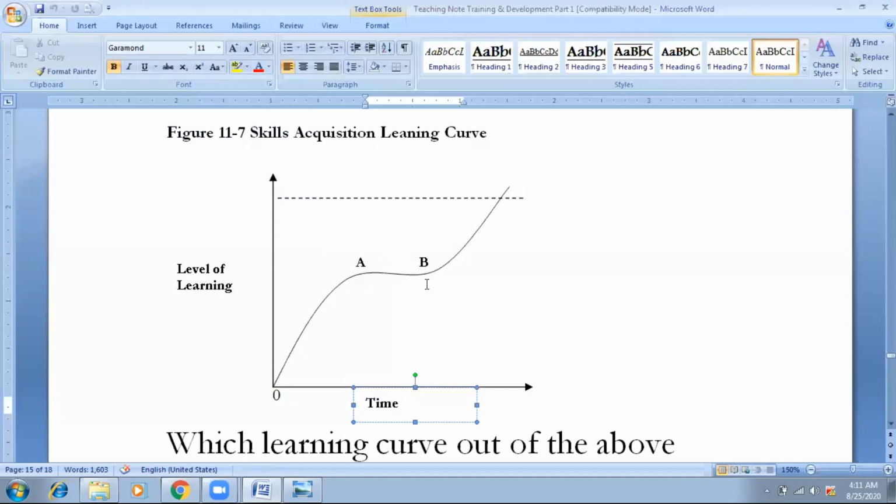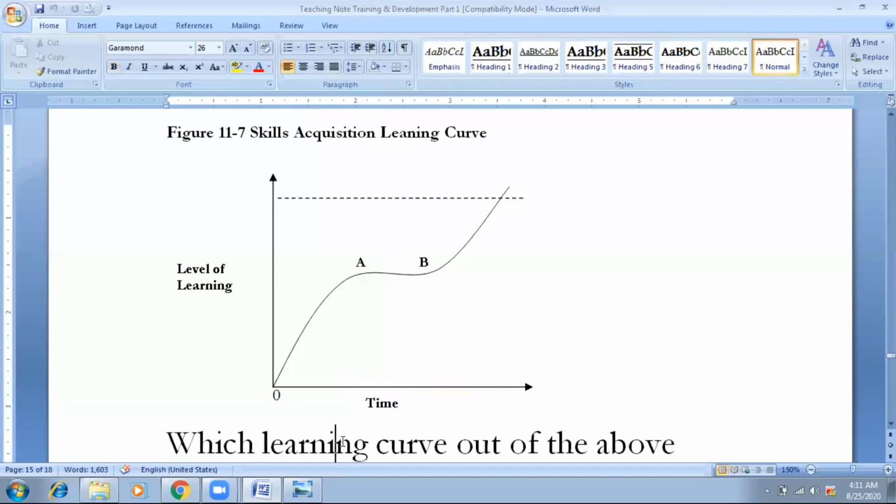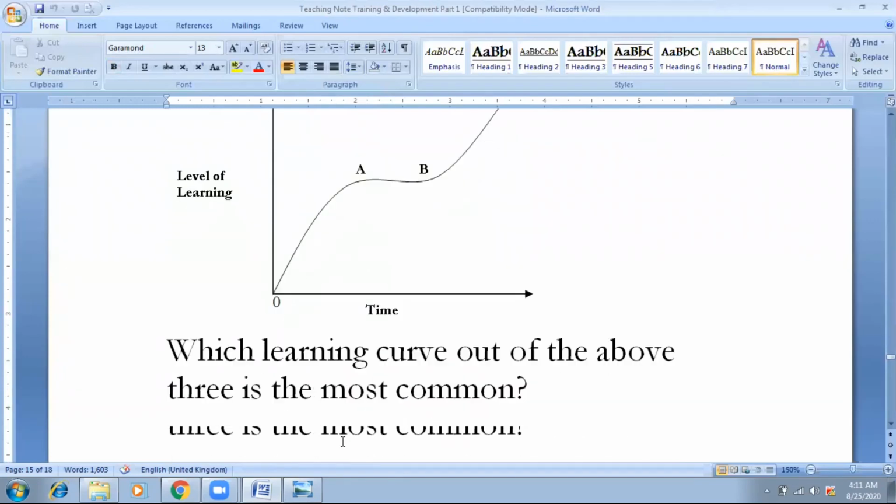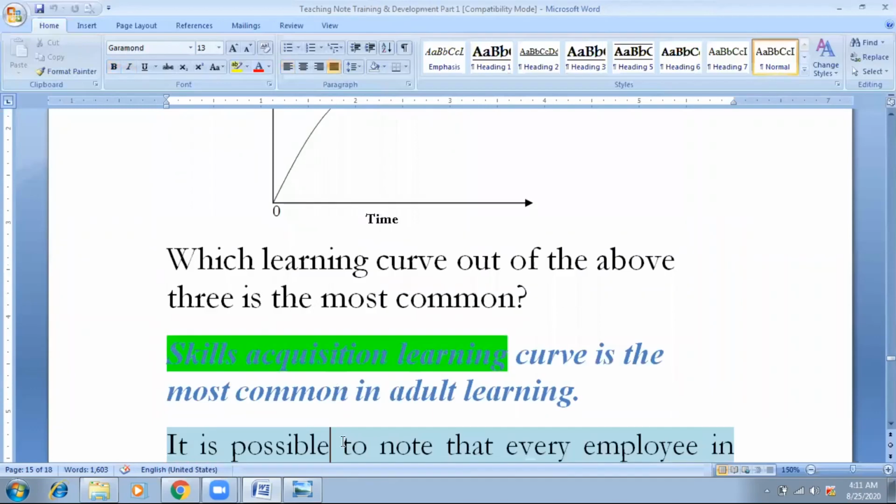So which learning curve out of the above three is the most common? The skills acquisition learning curve is the most common in adult learning. Employees are adults, they are not children.